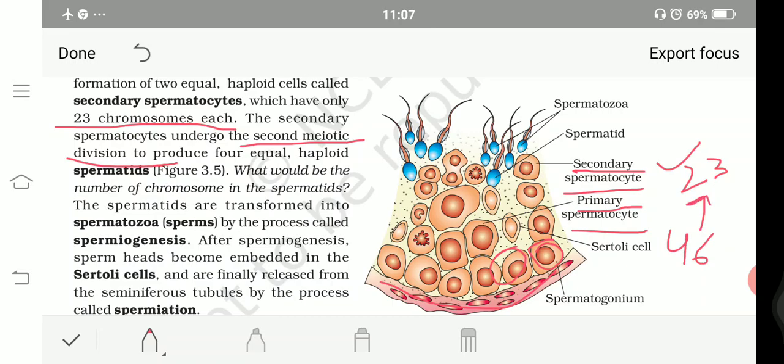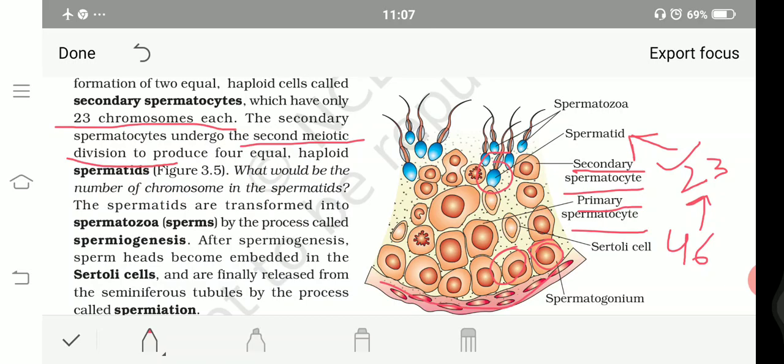So here the formation of haploid cells takes place. These cells carrying 23 chromosomes start converting into spermatids. You can have a look here. Spermatids look like sperms, but they are not exactly well developed sperms.